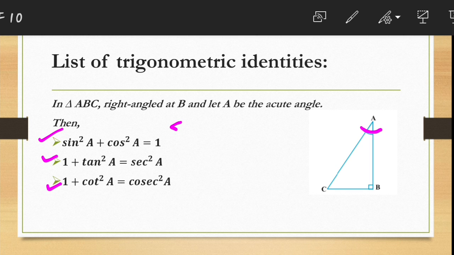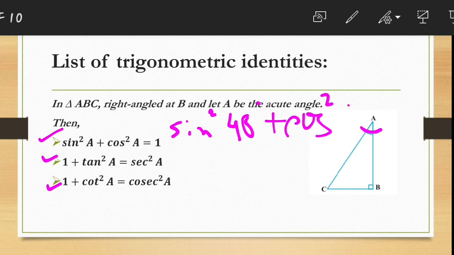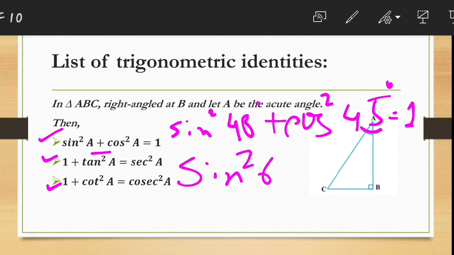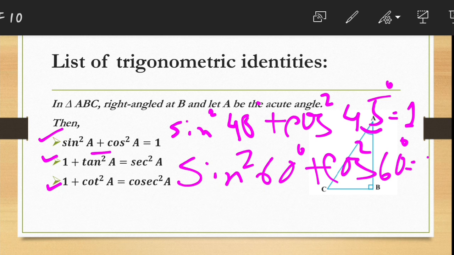So you can write sin square 45 degrees plus cos square 45 degrees is equal to 1, by this identity. Then you can write sin square 60 degrees plus cos square 60 degrees equals 1.